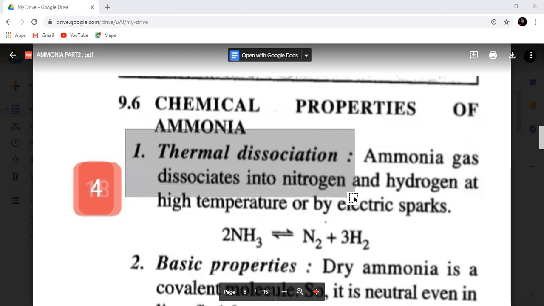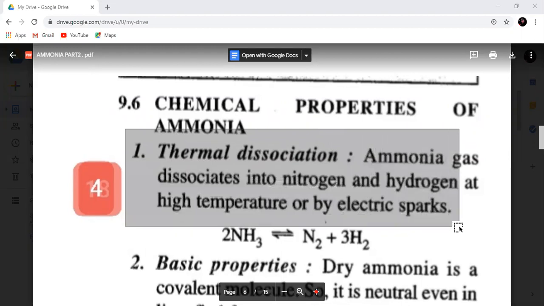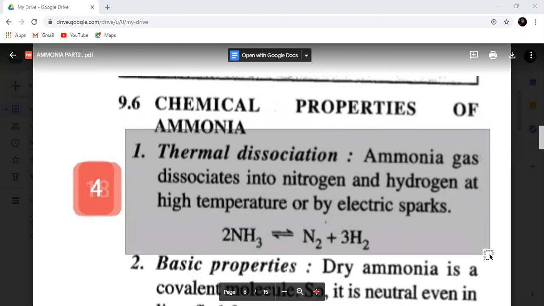When high temperature or an electric spark is given to ammonia, it will dissociate into nitrogen gas and hydrogen gas. That is thermal dissociation. It means until we provide high temperature or an electric spark, it will not dissociate.